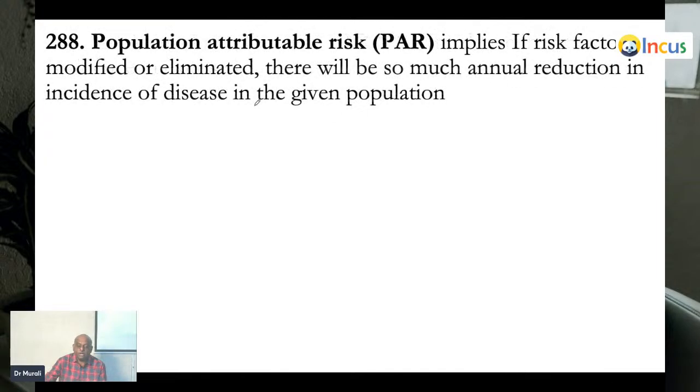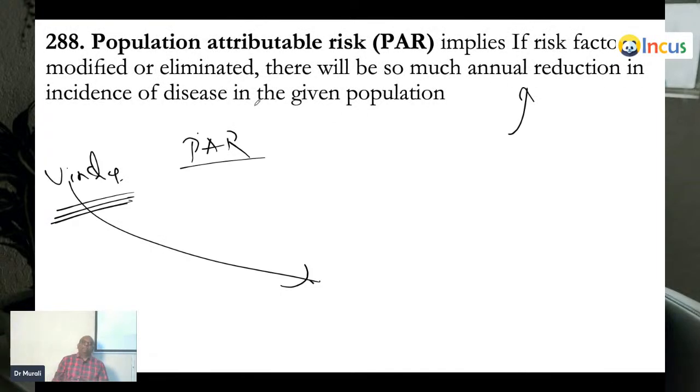So, in order to identify the effect of controlling the happening of the disease in the entire population if you remove the risk factor, you have to calculate the population attributable risk for that particular risk factor.